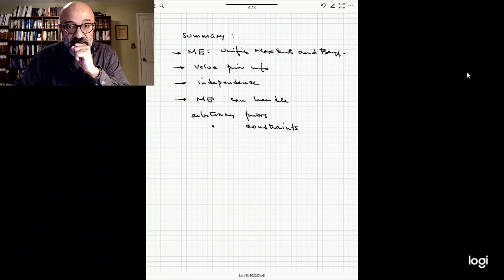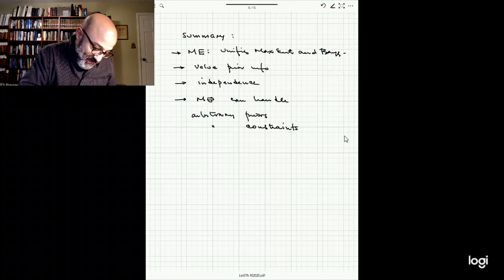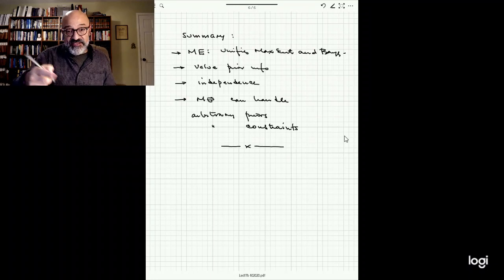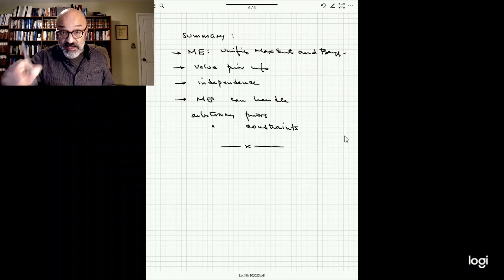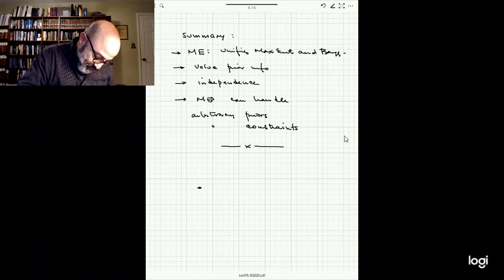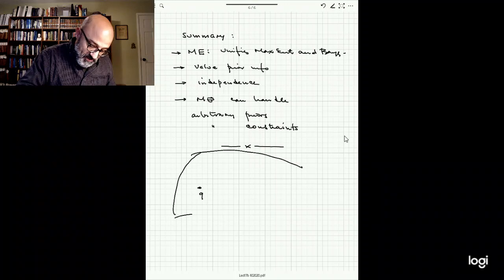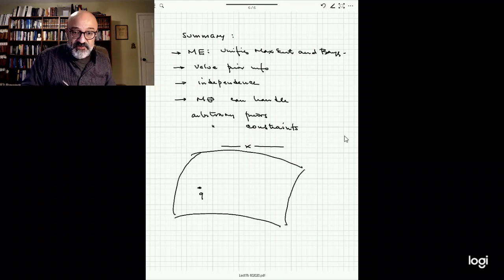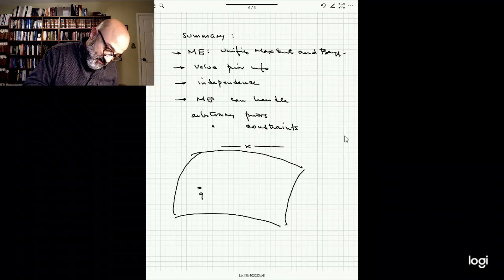There is one extra topic that we want to discuss concerning the method of maximum entropy, and this is going to take us a few lectures, and it is the following. When you have a prior, you are in the space of all probability distributions. You have a prior and you get a constraint. Here's the constraint.